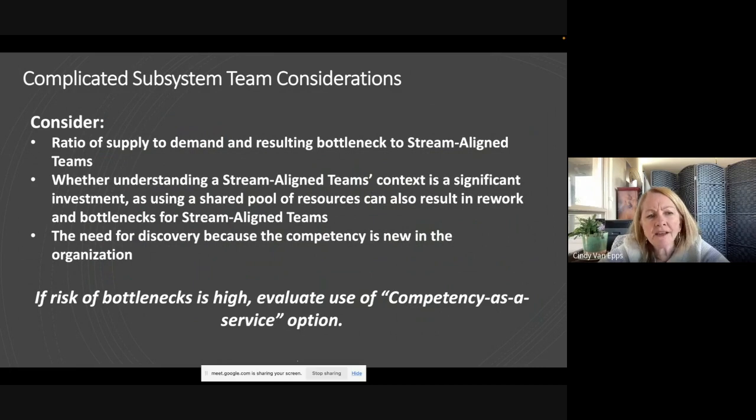The AI specialists, analytics specialists in the cloud, were a small group that had to work closely together because they were kind of learning what's valuable and how do we do this in our organization. So the bottom line here is, if your risk of bottlenecks is high and therefore expensive, consider our third option. Competency as a service is what I call it.